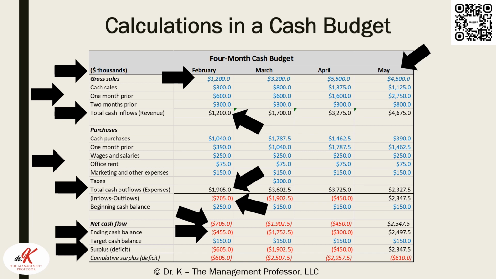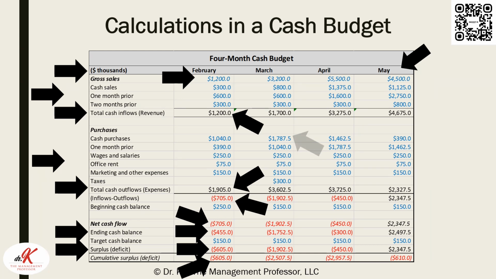The next calculation is your cumulative surplus, which is your ending cash balance plus your target cash balance. In this case, because there are no prior months to account for, the cumulative surplus, or in this case deficit, is a $605,000 loss in February.